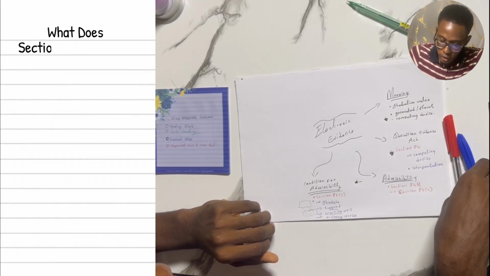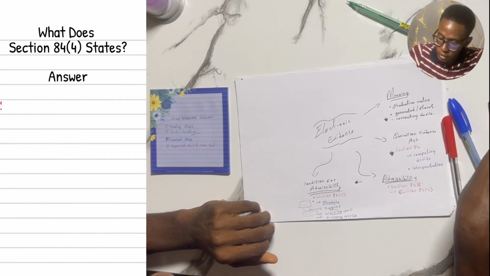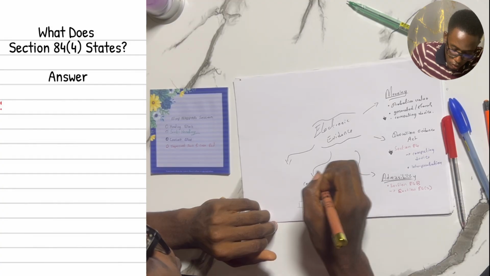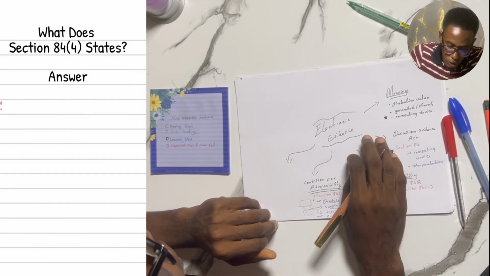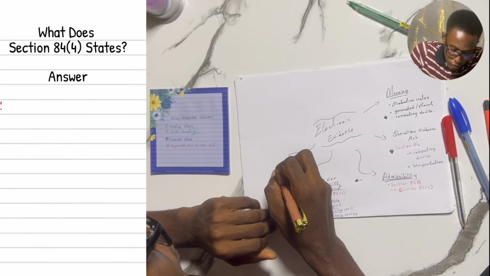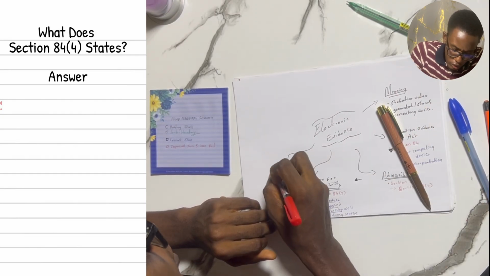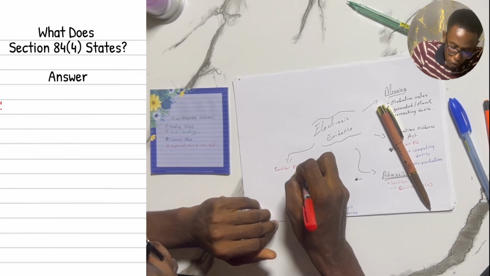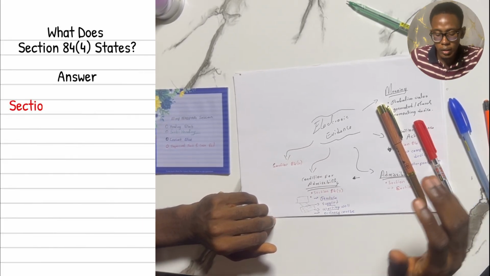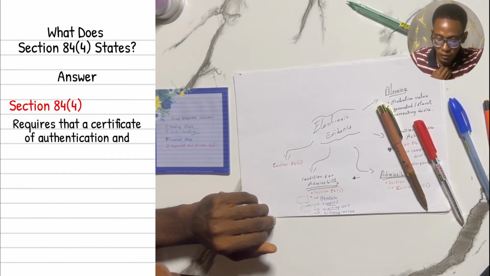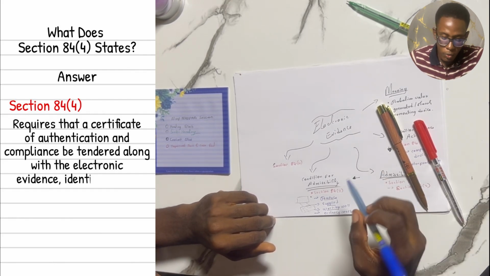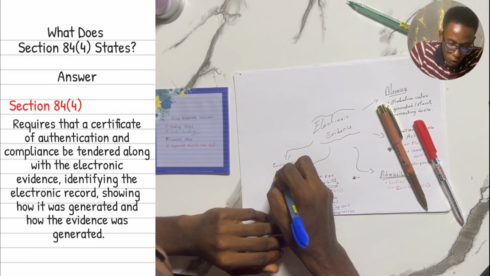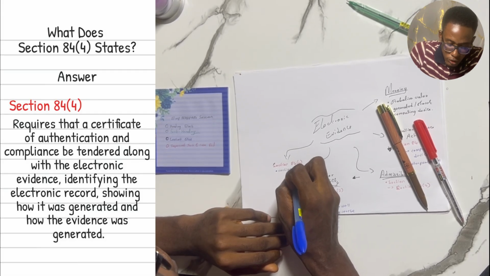Now, further on, what does section 84 state? So section 84, let me put it in red. Section 84 sub 4 states that the electronic evidence must be corroborated, or must be tendered with a certificate of compliance and authentication.